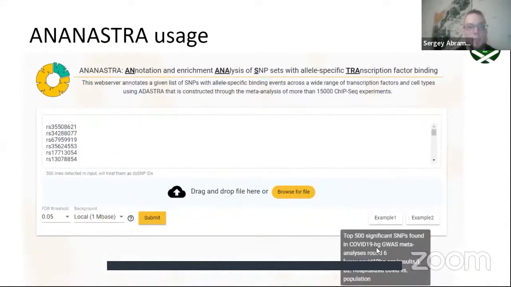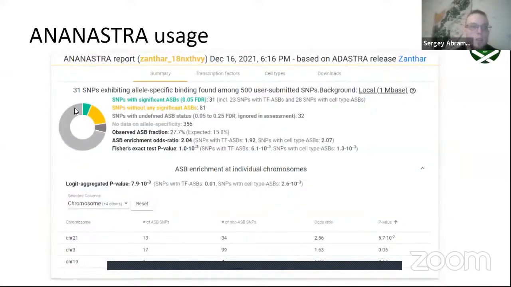Then there are 2 examples provided to get familiar with Ananastra. The first one is the top 500 significant variants found in a COVID-19 meta-analysis. And there is an Ananastra report page. It says how many variants have been found, and the observed fraction and expected fraction of ASBs in the data.